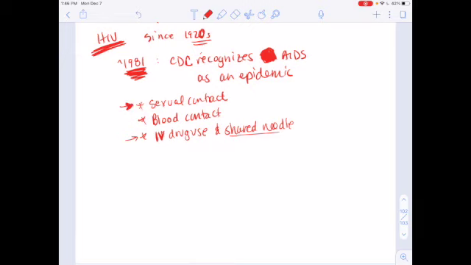It wasn't until, I think it was something like 1985, that the human immunodeficiency virus was actually identified and isolated as the virus causing that.